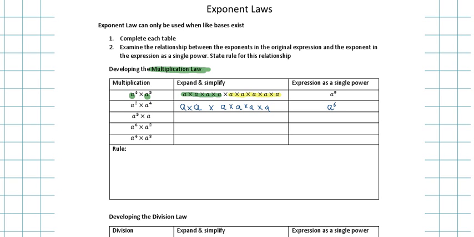How about the next one? So a times a times a times a times a, so that's 5 times, and then multiplied by another a. So that gives me a to the power of 6.